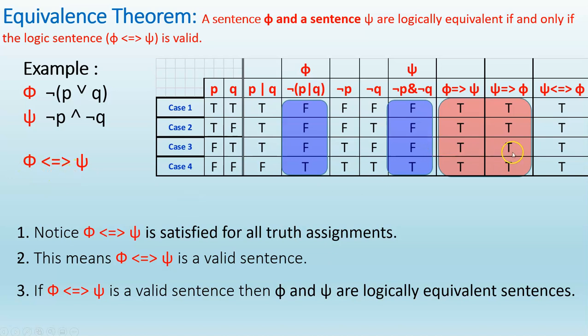And so what this is doing is giving us a way to put the meta language of comparing two sentences into the logical language of seeing, is this biconditional implication valid? And what we're asserting is, if it's valid, then those two are logically equivalent. So it's turning the meta level sentence, phi is logically equivalent to psi, into a logic sentence of phi biconditionally implies psi is valid.